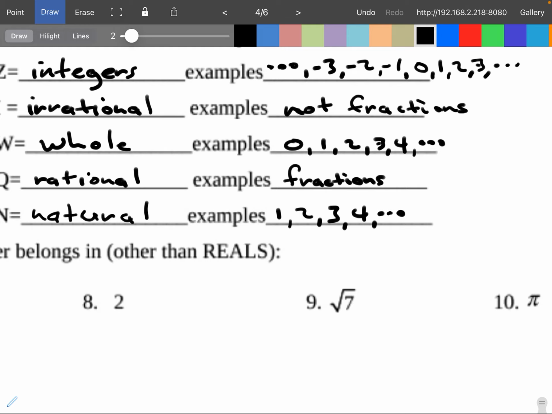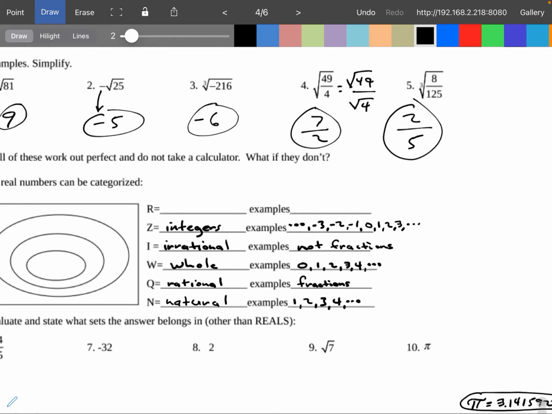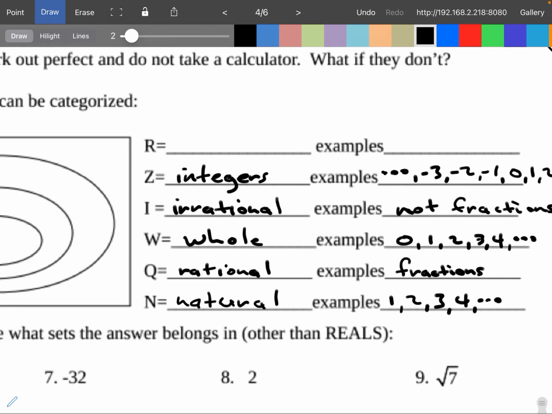All right. And then if you take all of those numbers, if you take the natural numbers, the whole numbers, the integers, the rational and the irrational, if you take all of those numbers, that fills in your whole number line. And all those numbers together make the real numbers. So the capital R there, those are the real numbers.